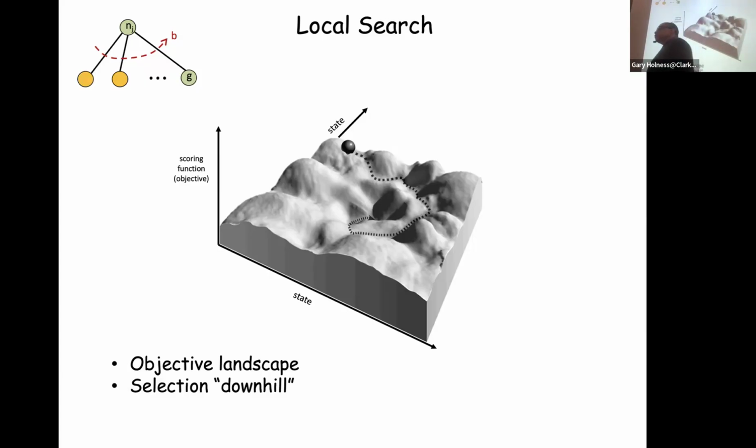And so effectively, as you repeat these steps, select, expand, select, expand, select, you're effectively walking downhill. The analogy is that you can imagine taking a marble and setting it at the position of your start state and letting it roll downhill. Does that make sense? Any questions?